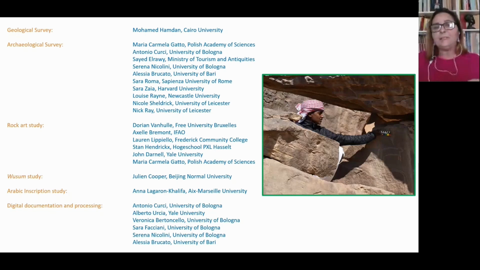We have a large team working on rock art because we don't just do rock art study, but we also try to put the rock art into a wider context, not just cultural, but also geoarchaeological. So the landscape is very important too, and we use a lot of digital documentation.